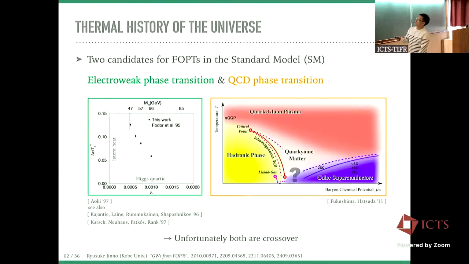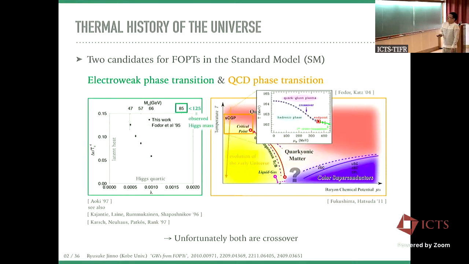This left plot shows the latent heat from the electroweak phase transition as a function of the Higgs quartic coupling. This is before the Higgs discovery, so the Higgs mass range is 40 GeV, 50 GeV, 80 GeV, like this. Unfortunately, Higgs was discovered at 125 GeV. As you can extrapolate from this plot, at 125 GeV there's no first order phase transition because there's no latent heat release.